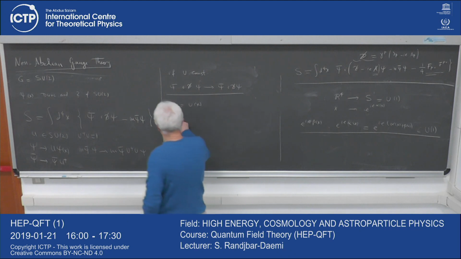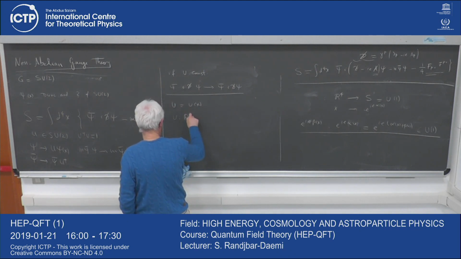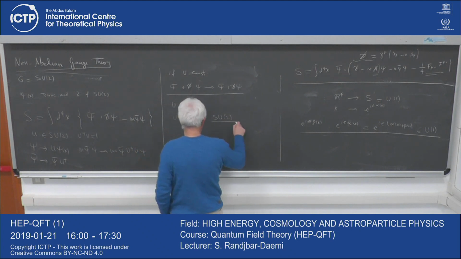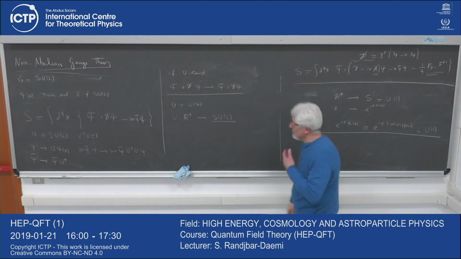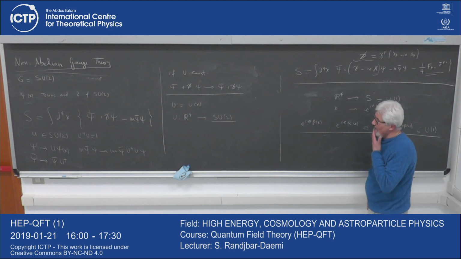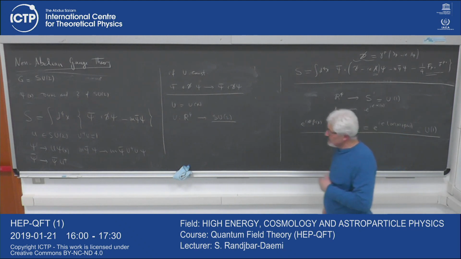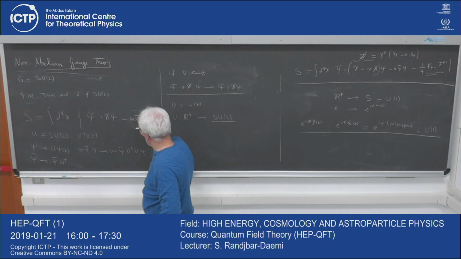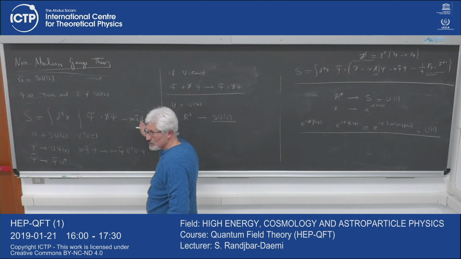That means U is a map from R4 to SU(2). The mass term clearly will remain invariant. There is no derivative. It will be psi bar U dagger times U psi, and U dagger and U will cancel out.